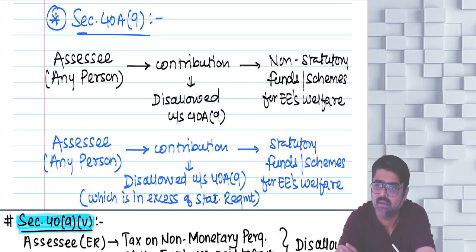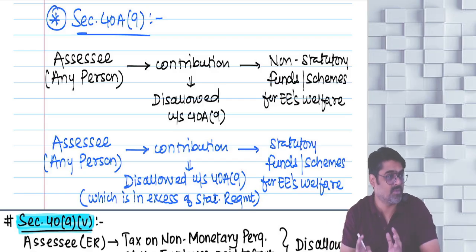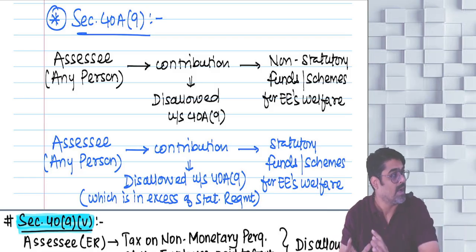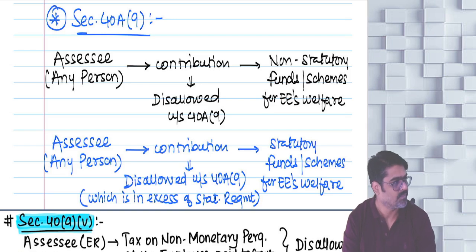You can take the name of your employees and come to us and emotionally blackmail that, see, I have created this fund for my employees, I have created this scheme for my employees, from my business profits I am contributing this much amount for my employees, yes or no?